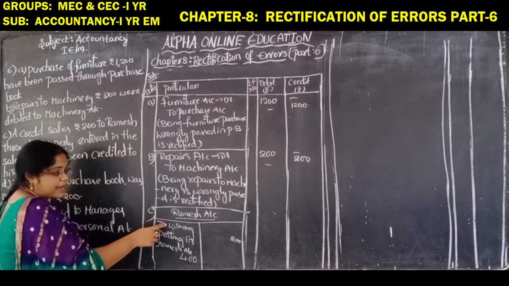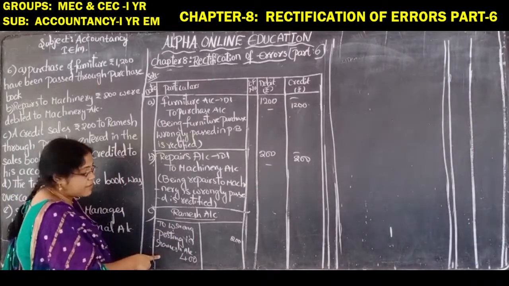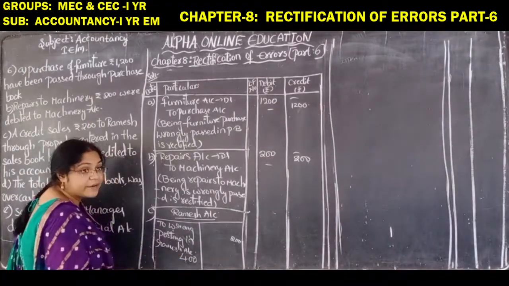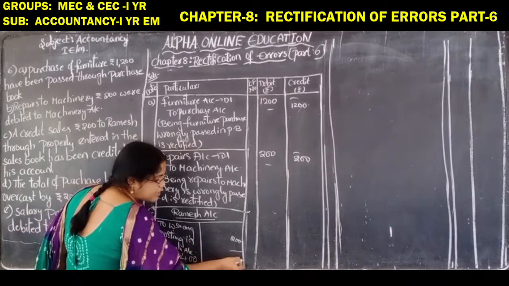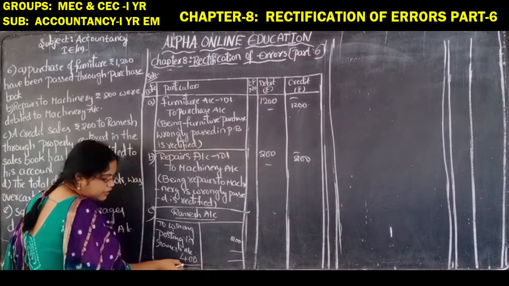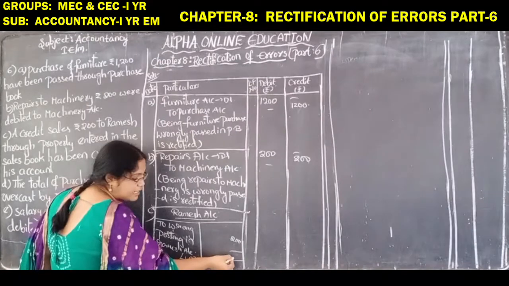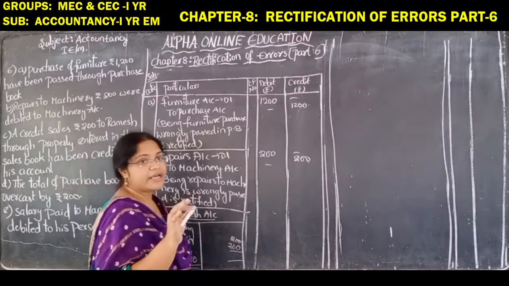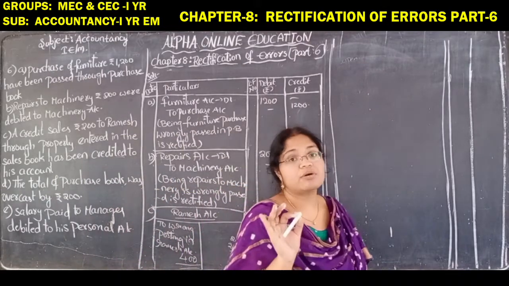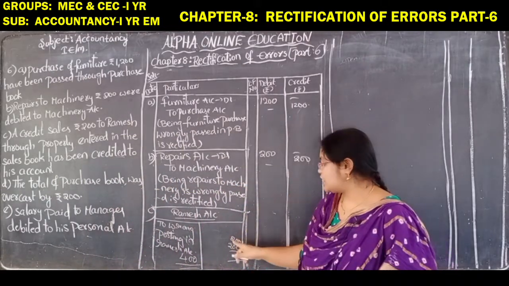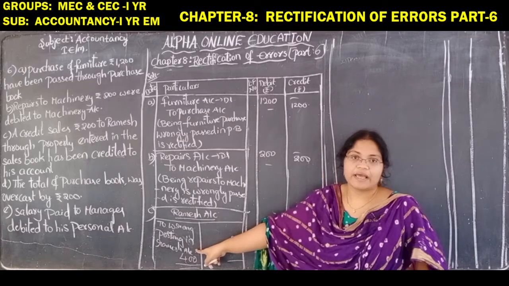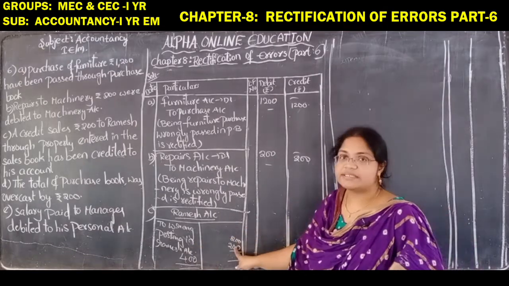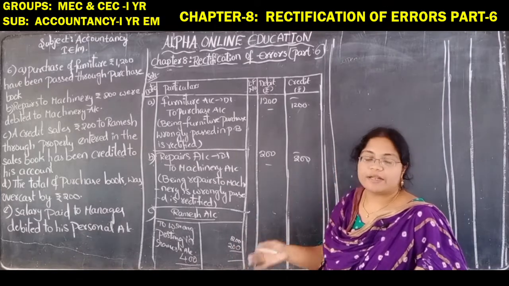They have made a wrong posting, that's why we are writing here Ramesh account 400. When we write 400 here, then how much will be the difference? If we do the total, 400 here and 400 there, what will be the difference? 200 rupees. So in such a case, there will be no effect of such a wrong posting. Actually, the Ramesh account should be in debit, but they posted it to the credit side. So that is a wrong posting.